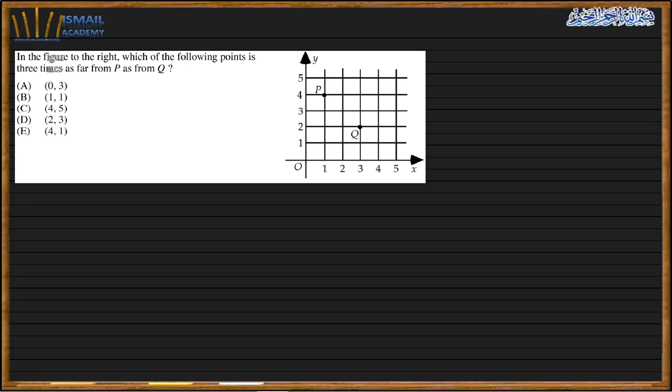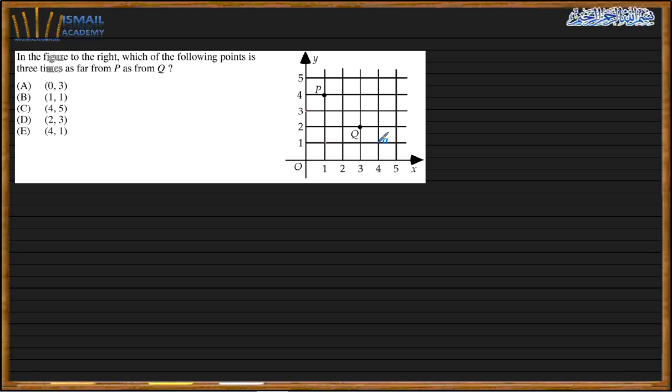In the figure to the right, which of the following points is 3 times as far from P as from Q? So 0, 3 is not 3 times as far from P as from Q. So A is not my choice. 1, 1 is not. 4, 5 is equidistant. 2, 3 is again equidistant.